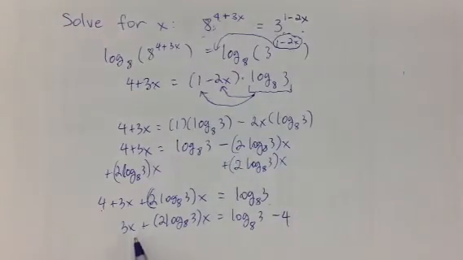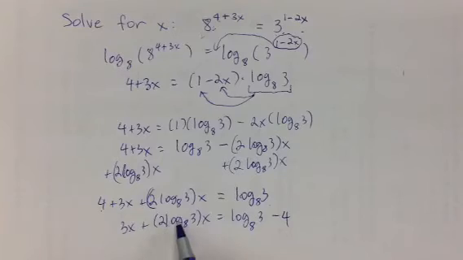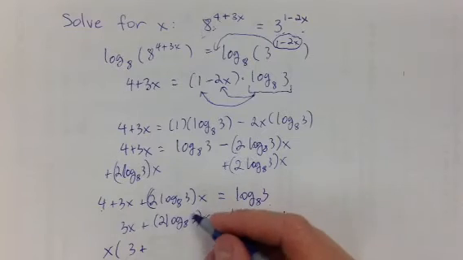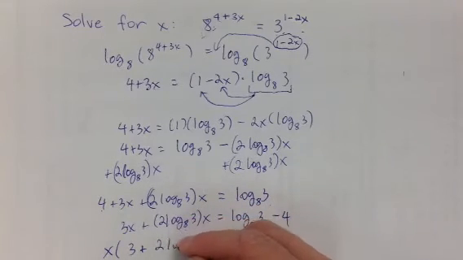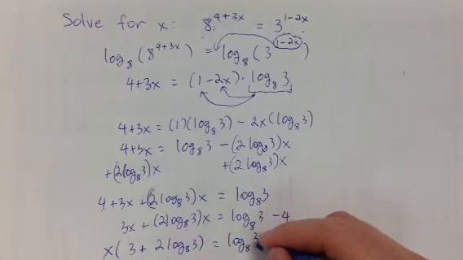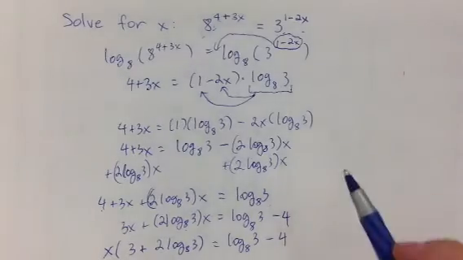The next thing that I'm going to do on this side, I have 3 times x plus 2 log base 8 of 3 times x. So I'm going to combine those terms. I factor out an x, and I have 3 here, plus 2 times log base 8 of 3 here. So that equals log base 8 of 3 minus 4.